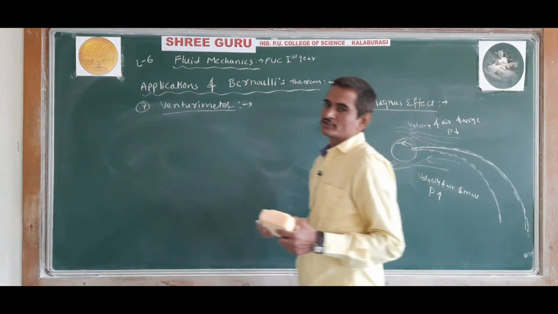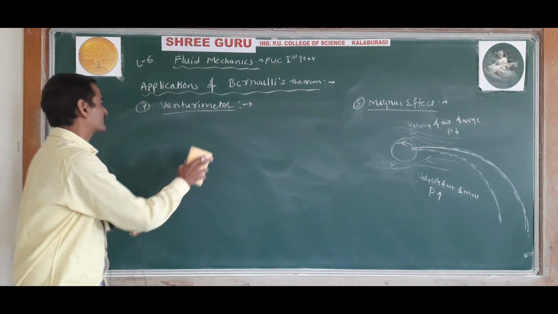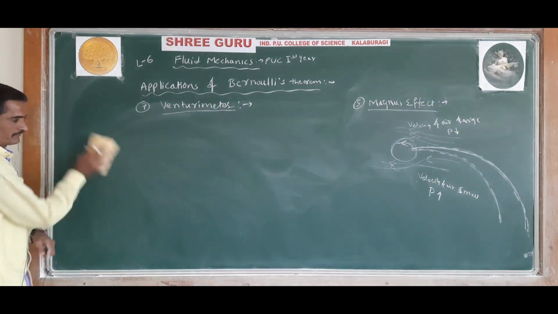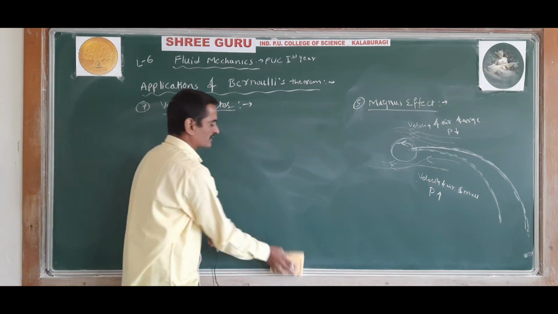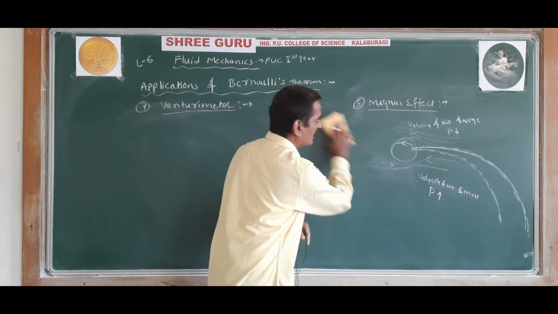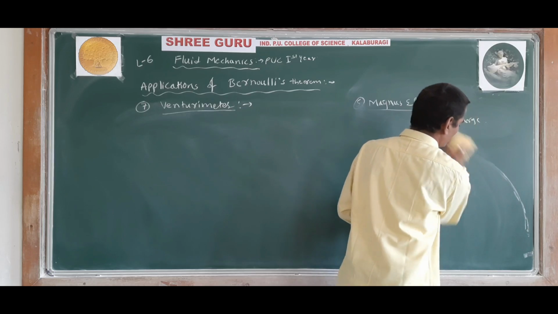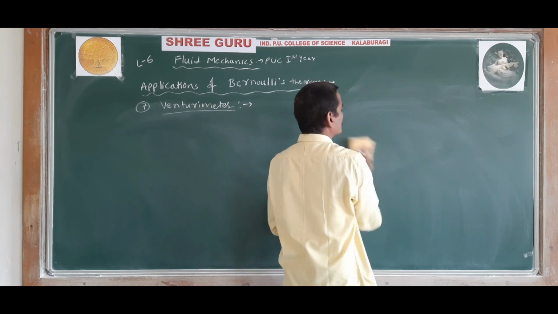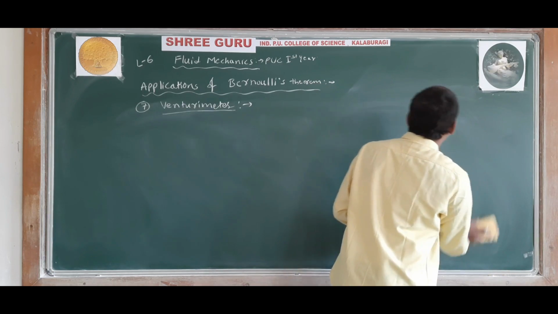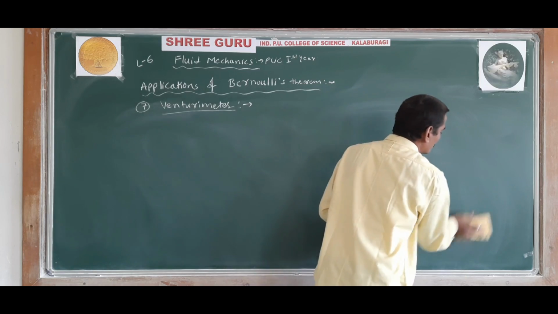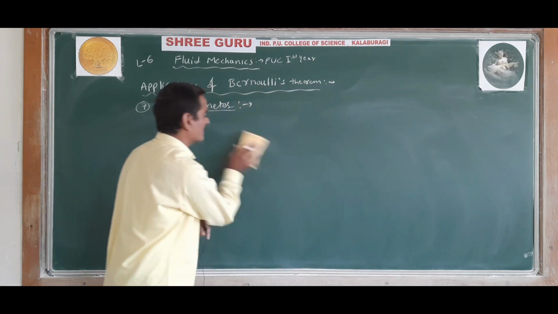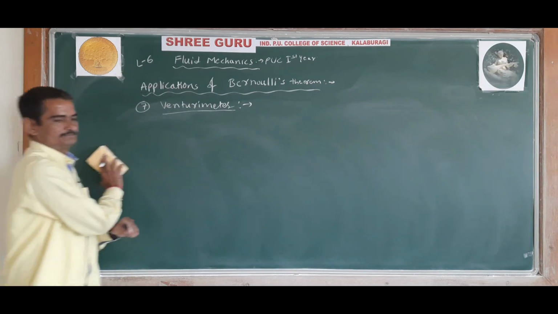Venturimeter is a device which works on the principle of Bernoulli's theorem, and it is used to measure the rate of flow of liquid through a pipe. That is, the volume of liquid flowing per second can be measured.